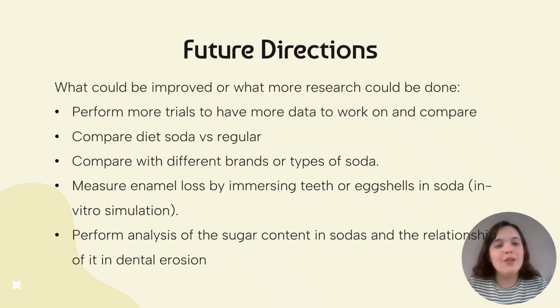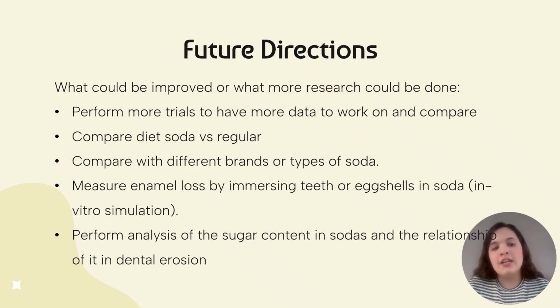So, what could be improved and what more research could be done? Perform more trials to have more data to work on and compare. Even though both trials that I performed were very similar and have the same conclusions, it is always important to have more data for more accuracy in your findings.